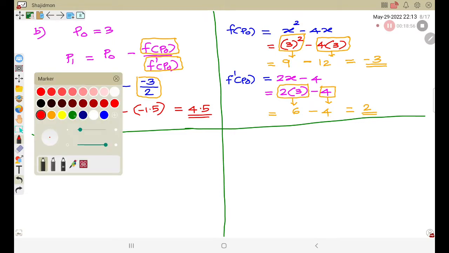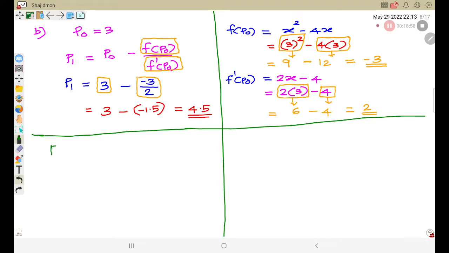Now in the same way we calculate P2, the second approximation, because our question asks for the second approximation. P2 equal to. First we write the rule. P2 means the previous number P1 minus f value at P1 divided by f dash value at P1. F of P1 divided by f dash of P1.